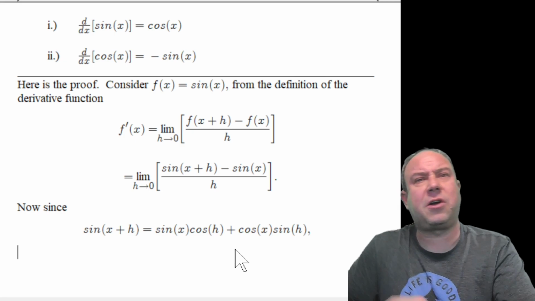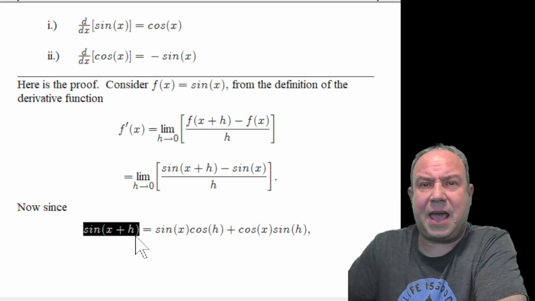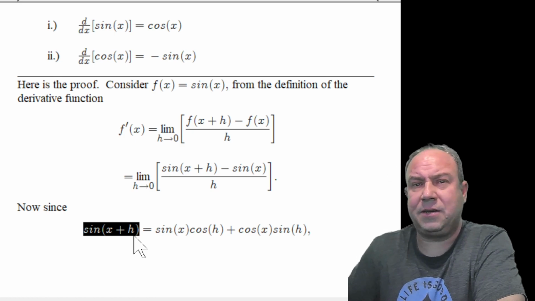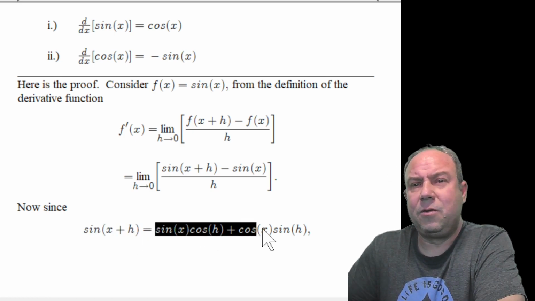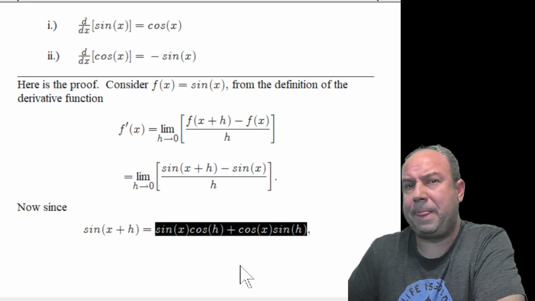That was our trig identity for the sine of the sum of two angles, angle x and angle h in this case.